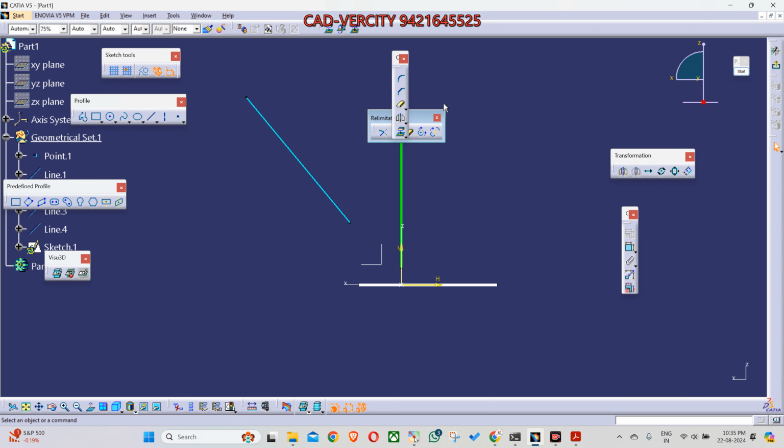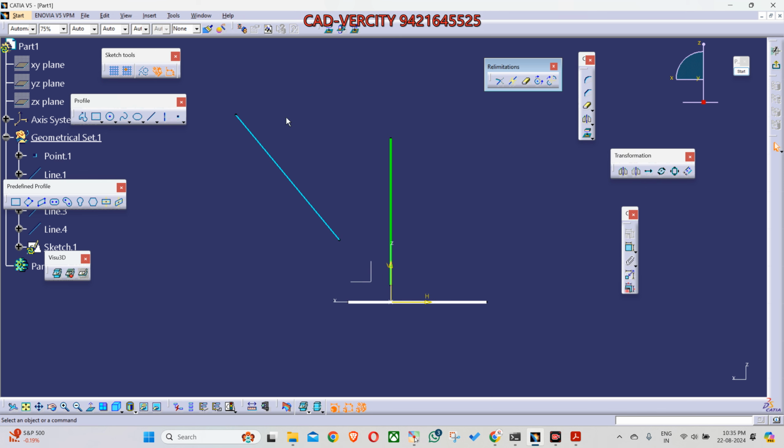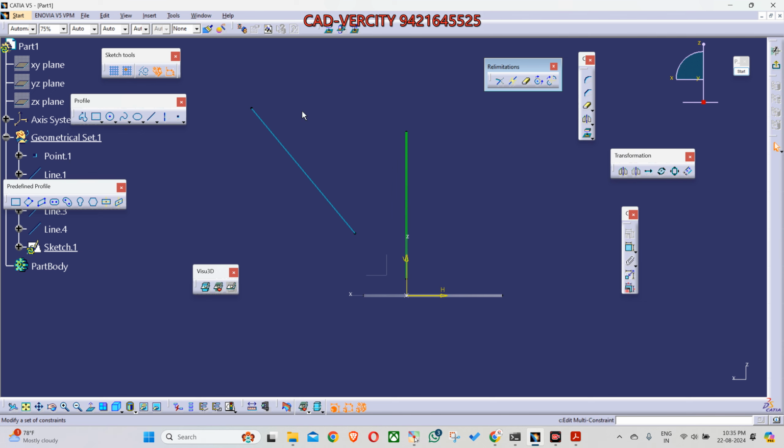Okay, over here. Suppose I don't want to select this line. Which mode should I use in sketching? Low light. Awesome. See, it is visible, but I'm not able to select it. I will use spline. Where is spline?